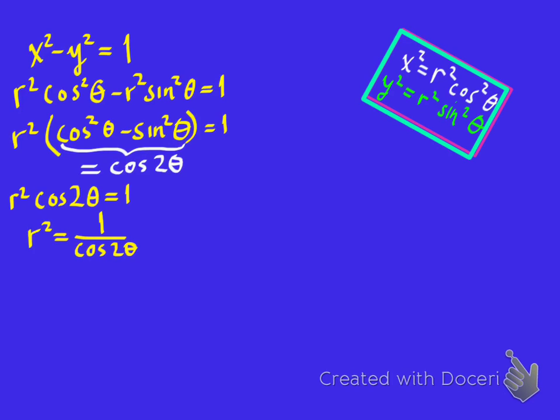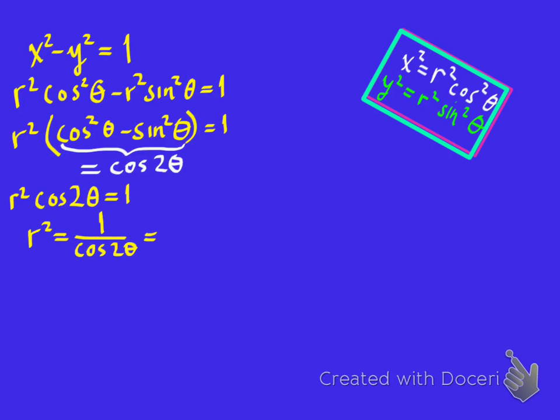And that is somewhat acceptable form right there. We could also take the square root of both sides, although it's a little bit awkward to have the square root of a fraction. So let's take advantage of the fact that what we've got there is 1 over cosine 2 theta, or in other words, we've got the reciprocal of cosine 2 theta, and hopefully by now, my little hint right there, you may remember that the reciprocal of cosine is secant.